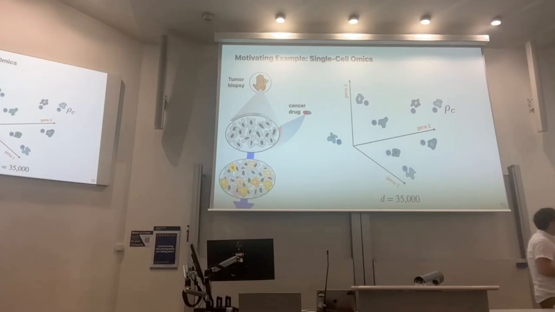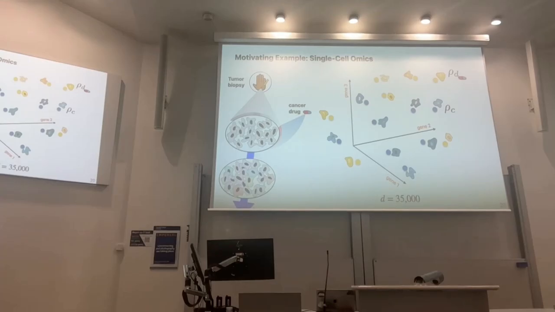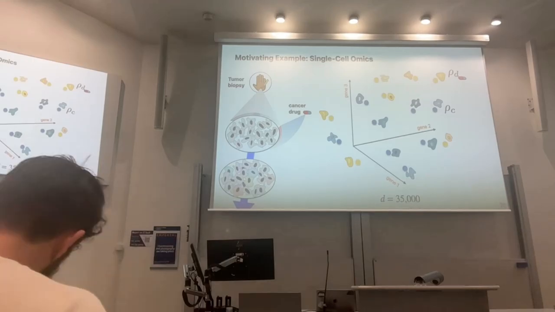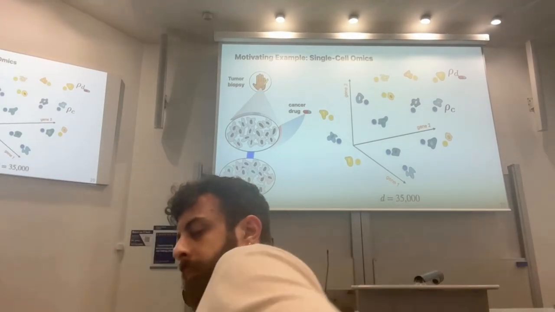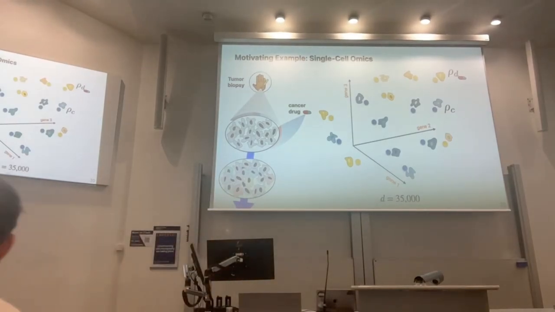Then I take another sample. It might be a bigger one. It's basically going to be another sample, but now it's going to be representative of the cells after treatment. And now the biggest challenge is to be able to make sense of those two samples.